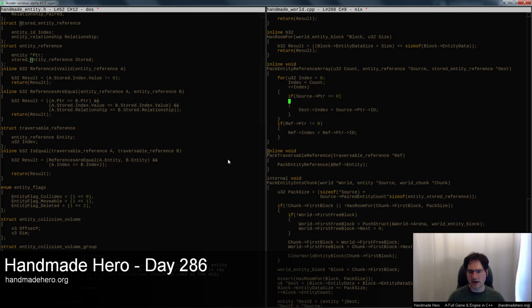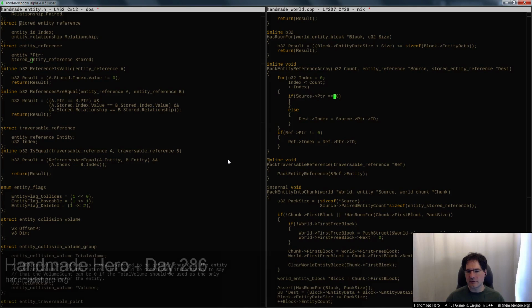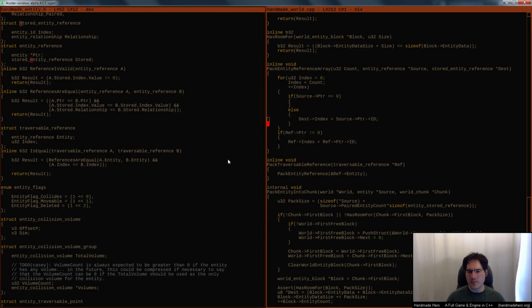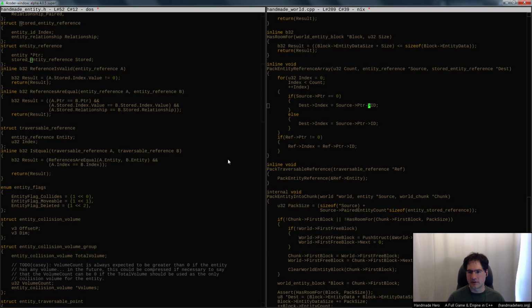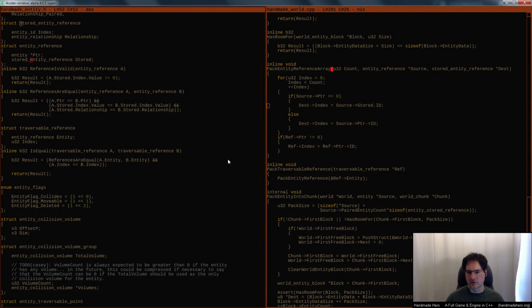So only in the case where we had a valid pointer do we want it to be equal. But we're going to expand this case a little bit and say, well, if it was equal, then maybe we're going to do this the other way, where we'd still preserve that ID. Maybe we'd do that if it's in the hash table, right? So this is essentially going to need to know the sim region information.